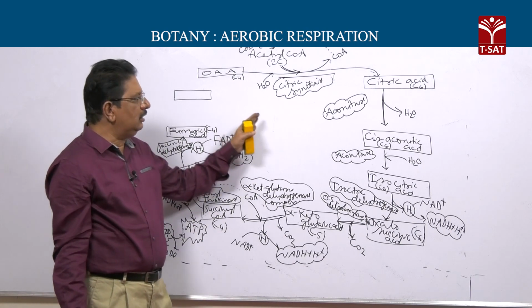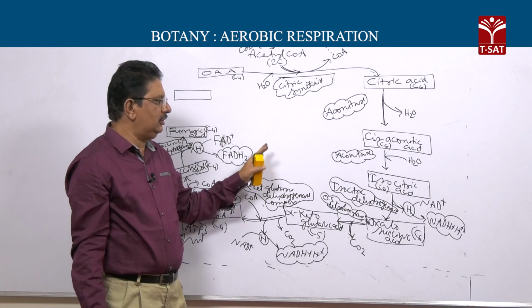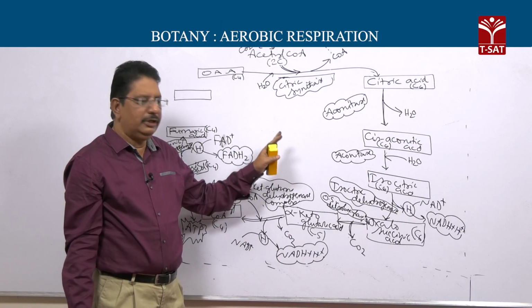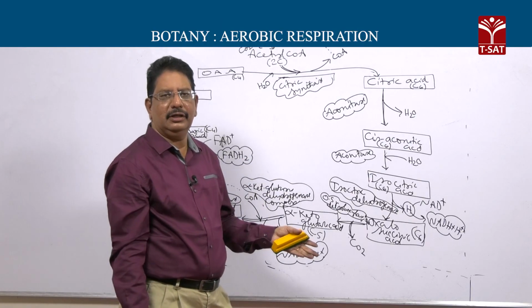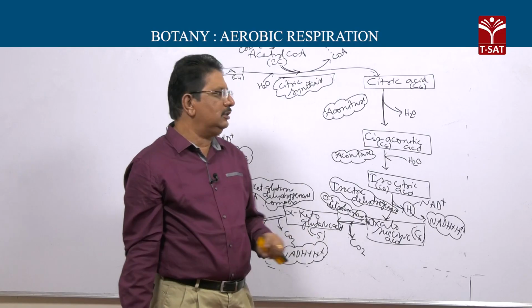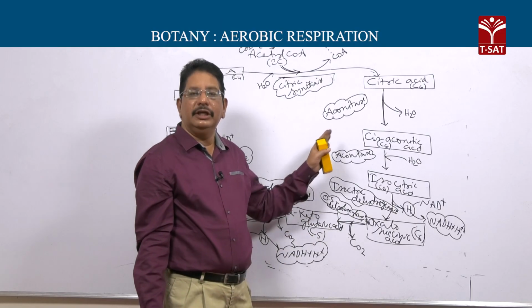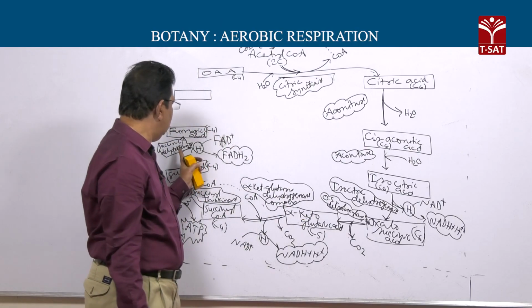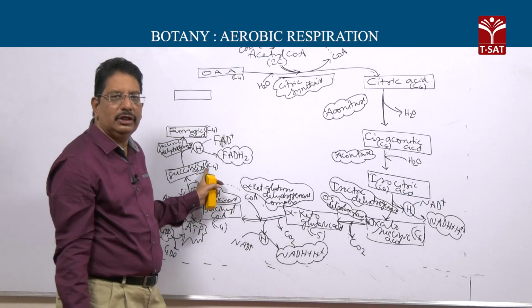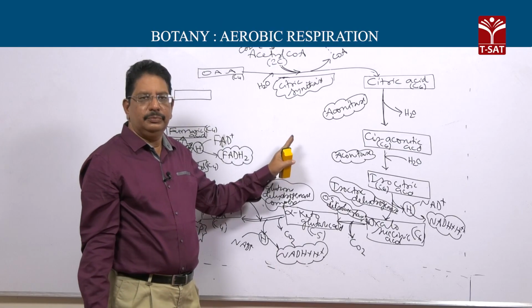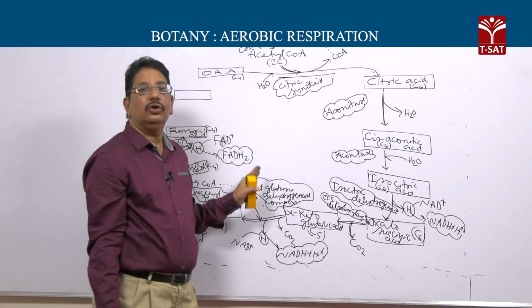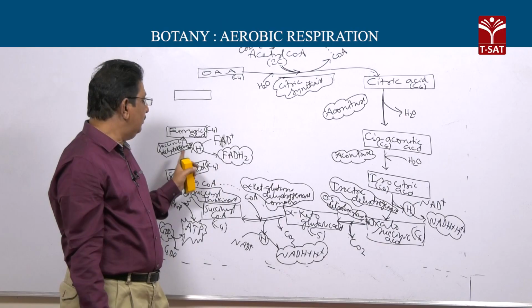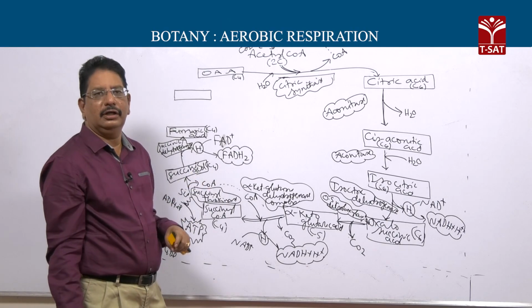In general, all the enzymes required for the TCA cycle are present in the mitochondrial matrix, but one enzyme of the TCA cycle differs from the others in its location, that is succinic dehydrogenase. Instead of being present in the matrix, it is located in the inner membrane of mitochondria.